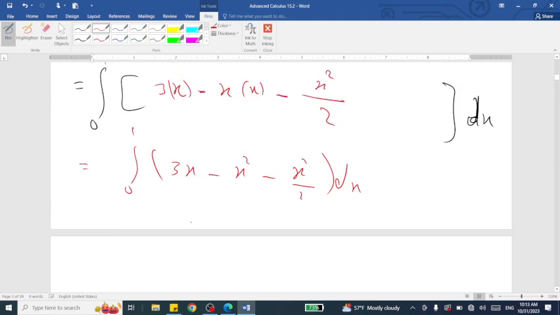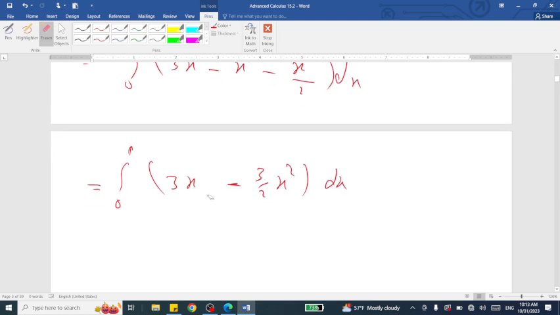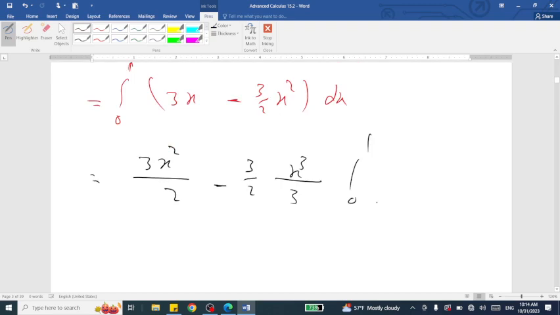And I know that one is clear for you. It will be from 0 to 1 of 3x minus 3 over 2 x squared, am I right? dx. Okay? Hello? Then the result will be 3x squared over 2 minus x cubed over 2, from 0 to 1.